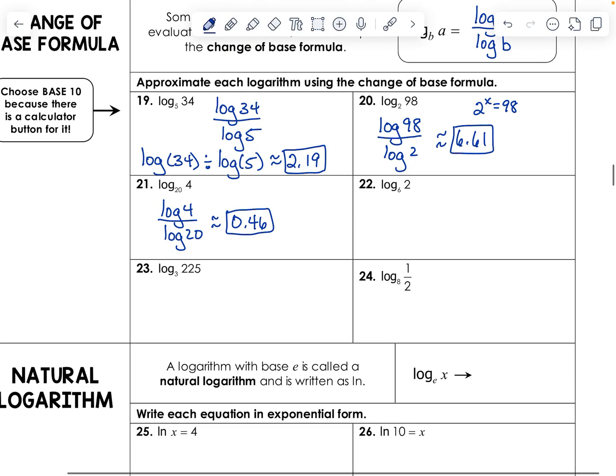So you could try the next 3 on your own and pause the video and double check. So log of 2 divided by log of 6 is approximately equal to 0.386. Let's do 0.39.